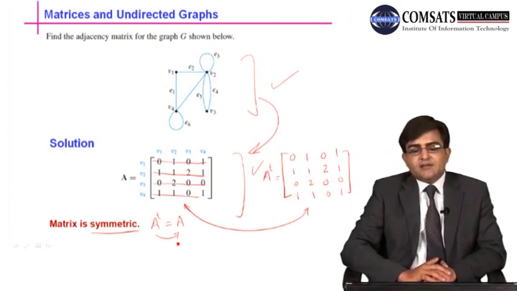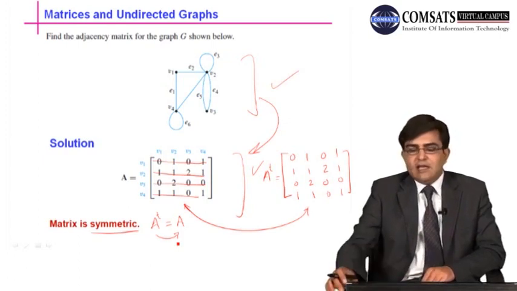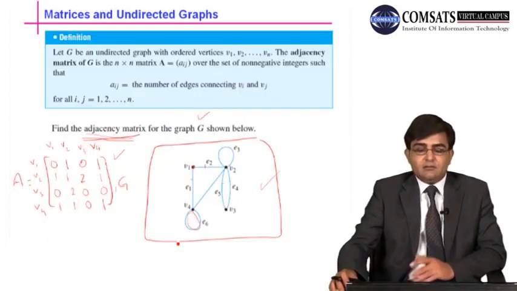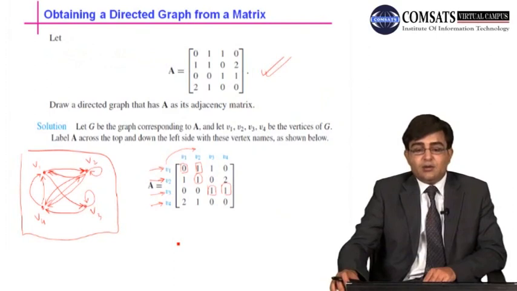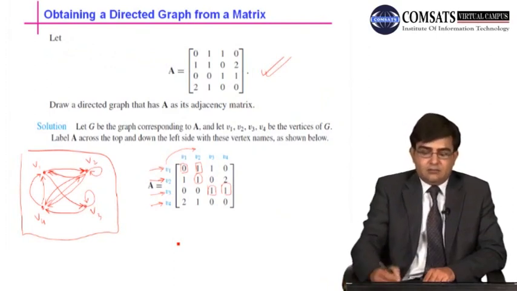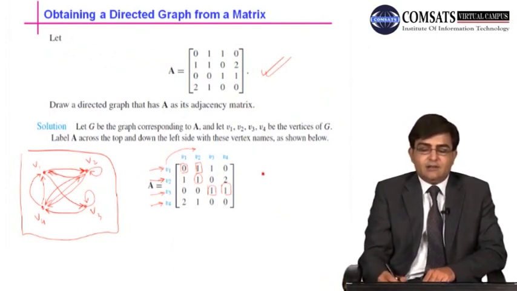In constructing the adjacency matrix of undirected graphs, we always obtain a symmetric matrix, whereas in calculating the adjacency matrix of directed graphs, we obtain an unsymmetric matrix or non-symmetric matrix.